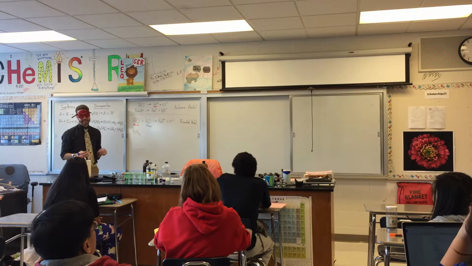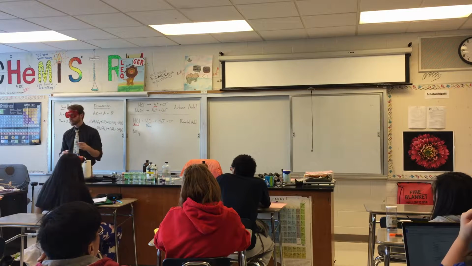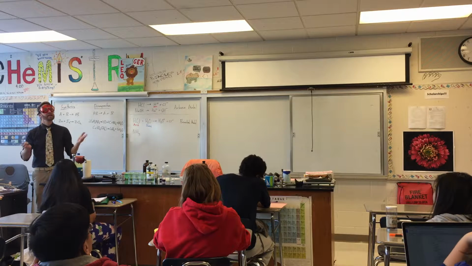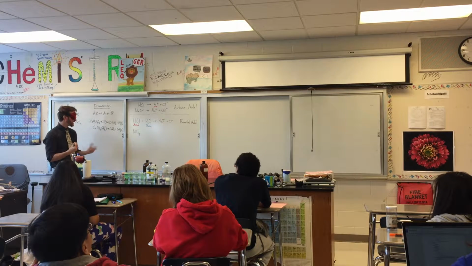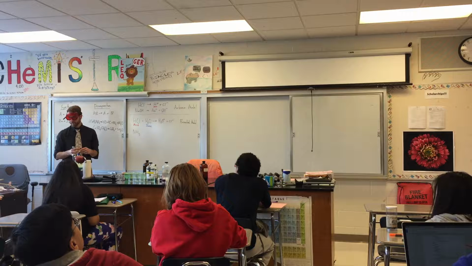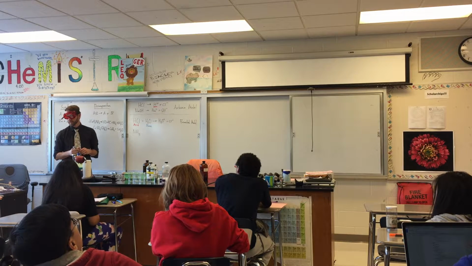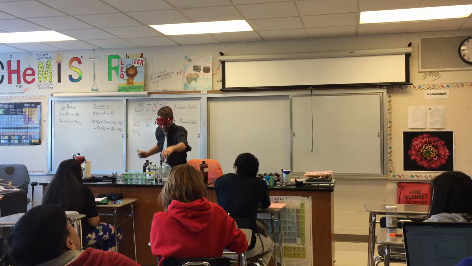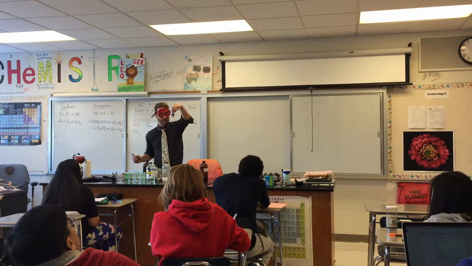Okay? But how is this thing acting as a base? What do bases do in the Bronsted model? They accept protons. They accept H pluses. Who's it going to accept an H plus from? The acid. Who's it got next to it in this solution? Water. That's the only other thing in the solution.